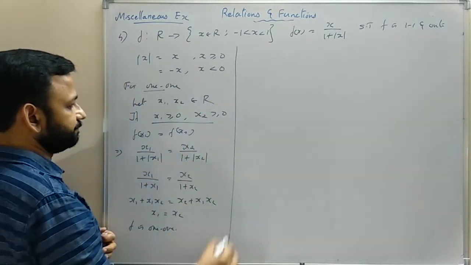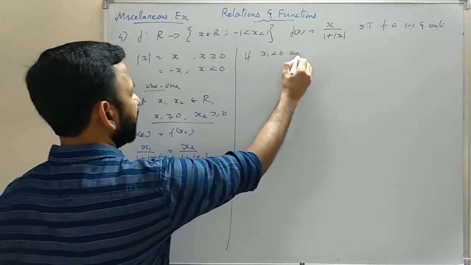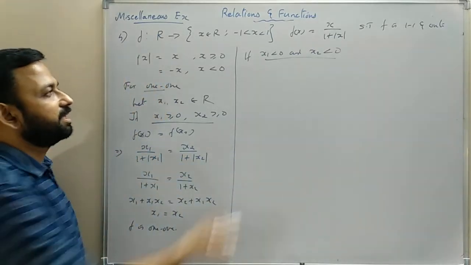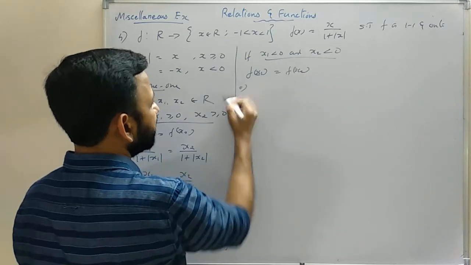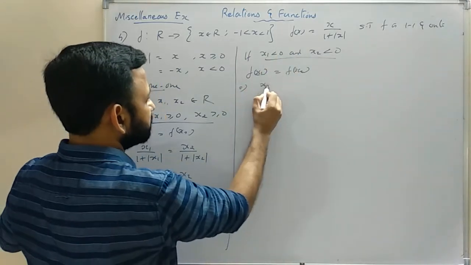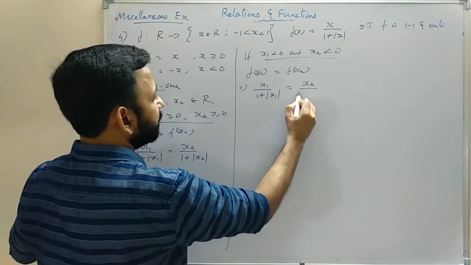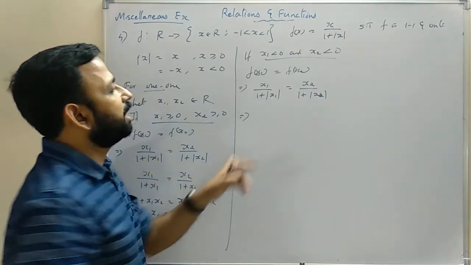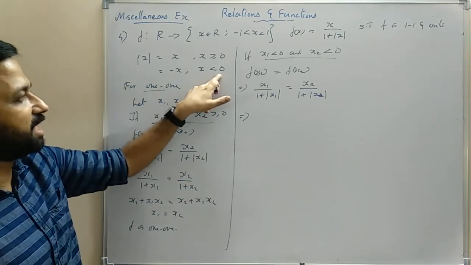Then the second case, if x1 is less than 0 and x2 is less than 0. Then f of x1 equal to f of x2 implies x1 upon 1 plus modulus of x1 equal to x2 upon 1 plus modulus of x2. Modulus of x1 is equal to minus x1 when x1 is less than 0.